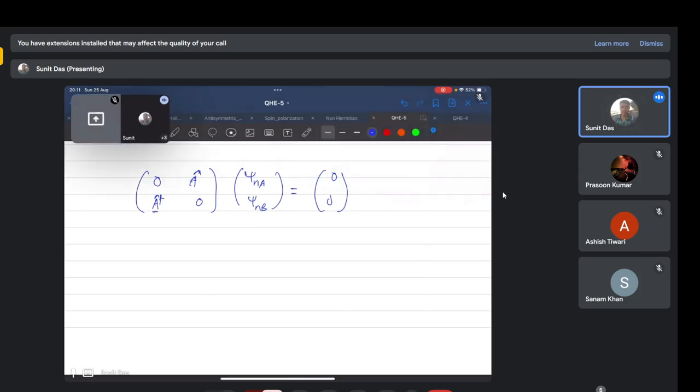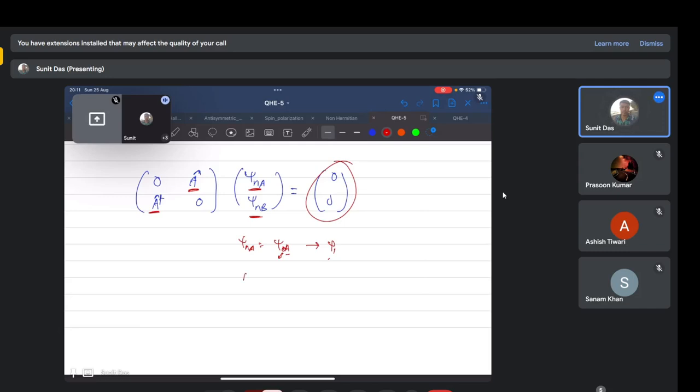This acts on this one, this acts on this one, in the matrix multiplication. So even if you take psi in A to be psi 0 on the A sublattice, the zeroth state of the SHM, then you have some higher state already, right? But on the right hand side, you have only 0.